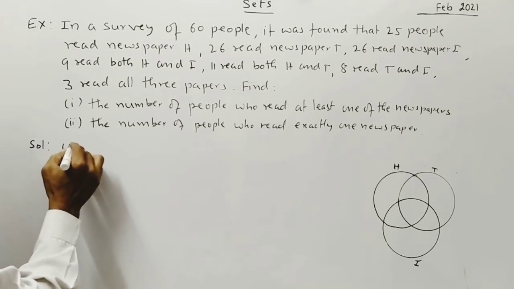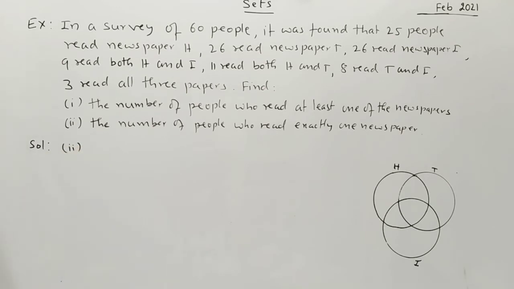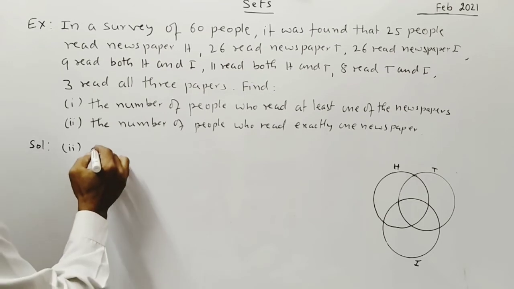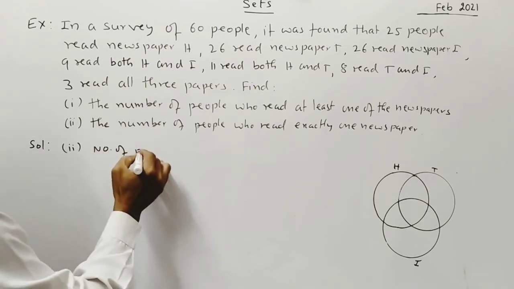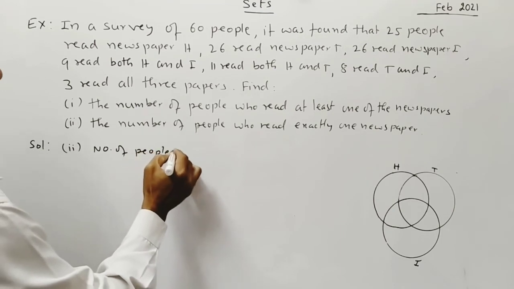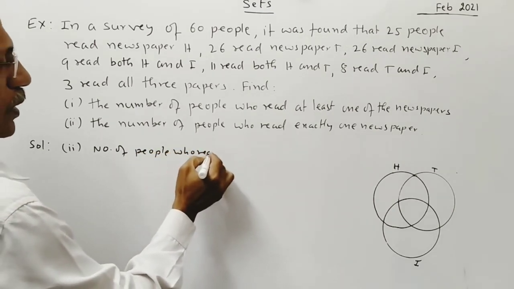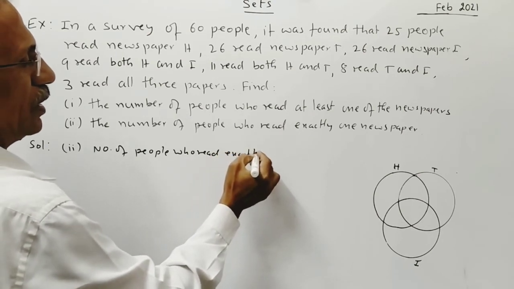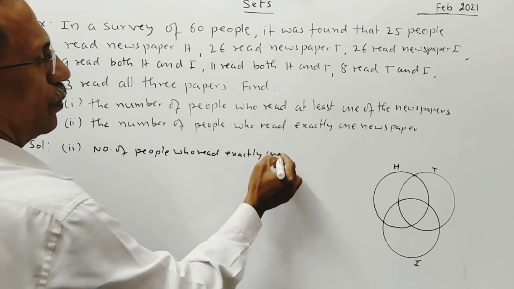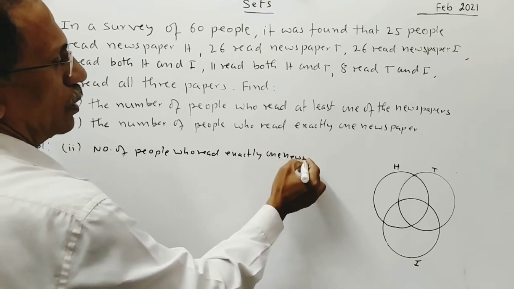Second one. Number of people who read exactly one newspaper.